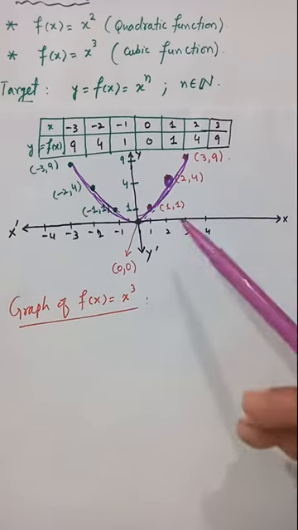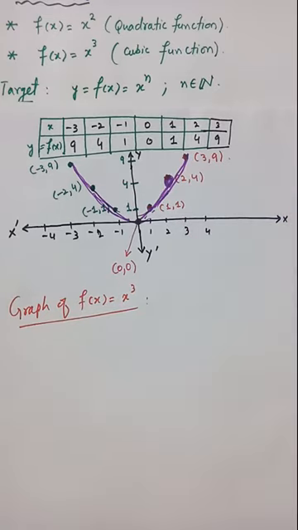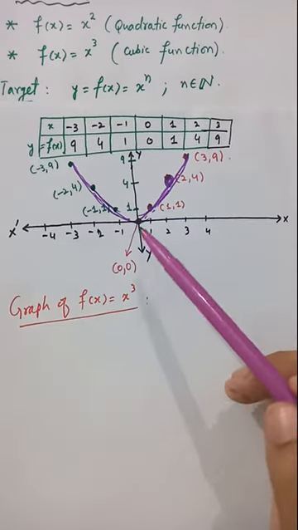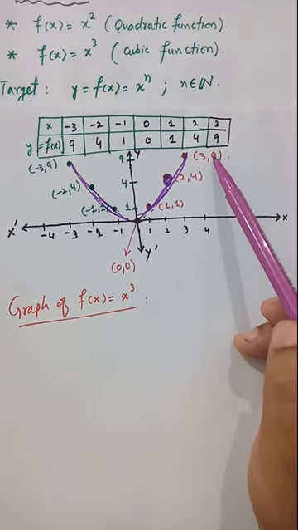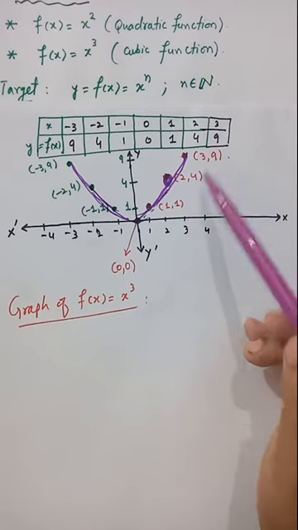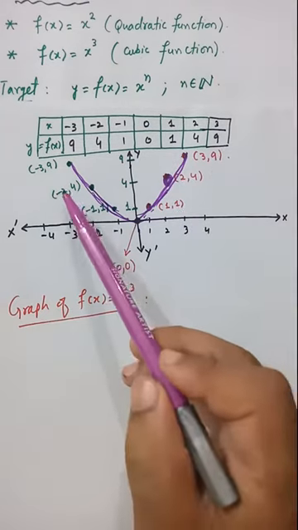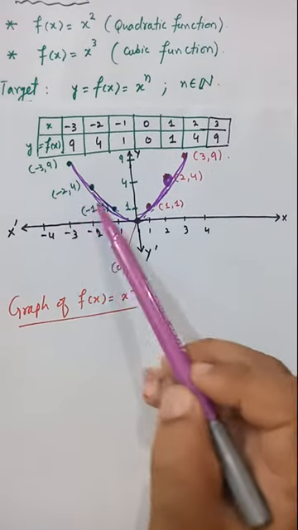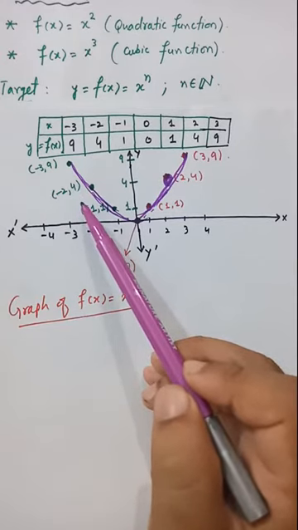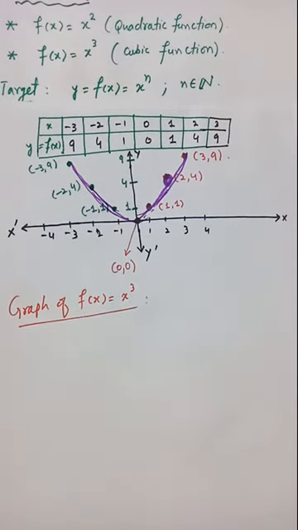So that's why this is symmetric about the y-axis. The other explanation is, you see that in these ordered pairs the range is 9, 4 and 1. So on the other side of the y-axis the range is also the same. So that's why this is symmetric about the y-axis.